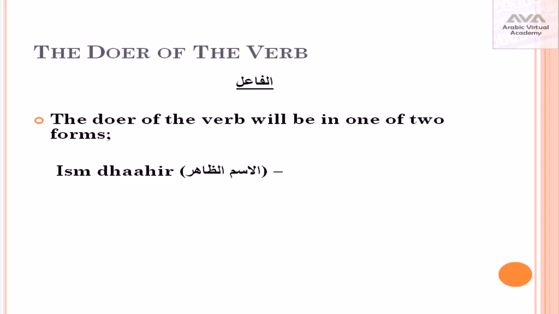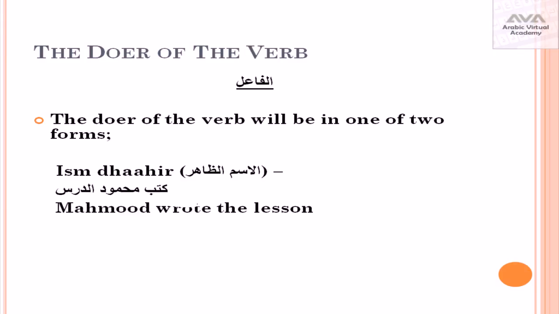Either it's going to be what's called an ism al-zahir, an actual name or a title or things along these lines. Like in this sentence, Kataba Mahmud ad-Dars, Mahmud here is the fa'il, the doer of the verb.